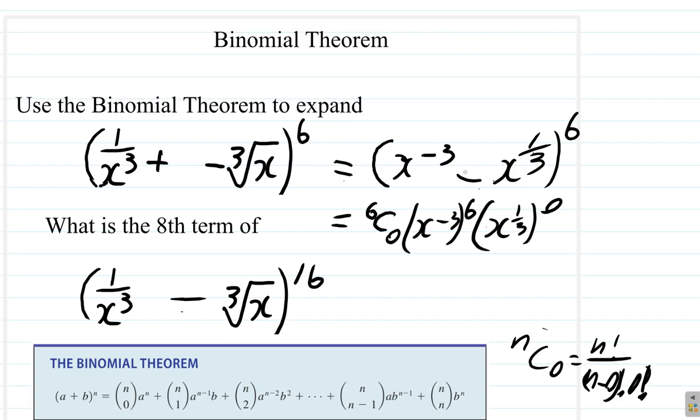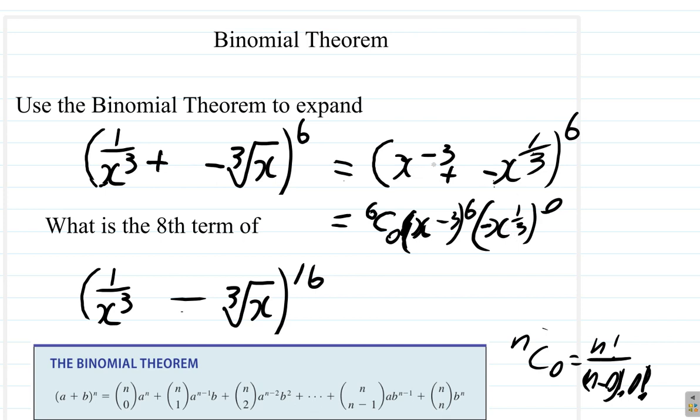So this is the same as plus negative x to the 1/3. We put a plus negative x to the 1/3, alright? Because the default operation here is add, your plus. So this is negative x to the 1/3, alright?